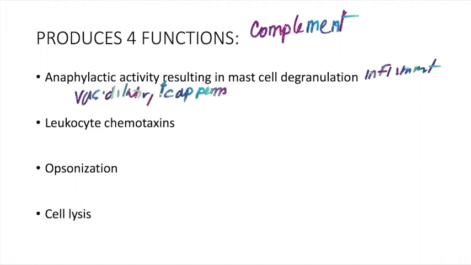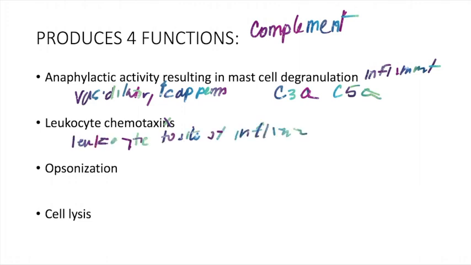So this would be the C3a and C5a. We have leukocyte chemotaxis. And remember that a chemotactic factor is a biochemical substance that attracts leukocytes to the site of inflammation. Opsonization, tagging the microorganism for destruction.